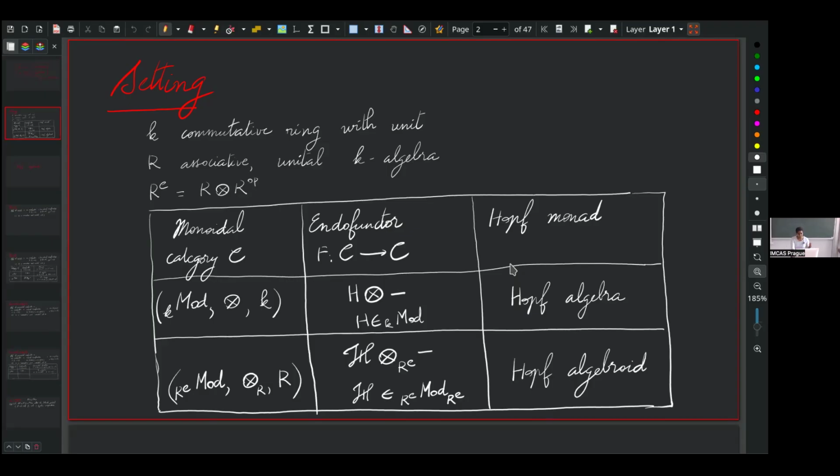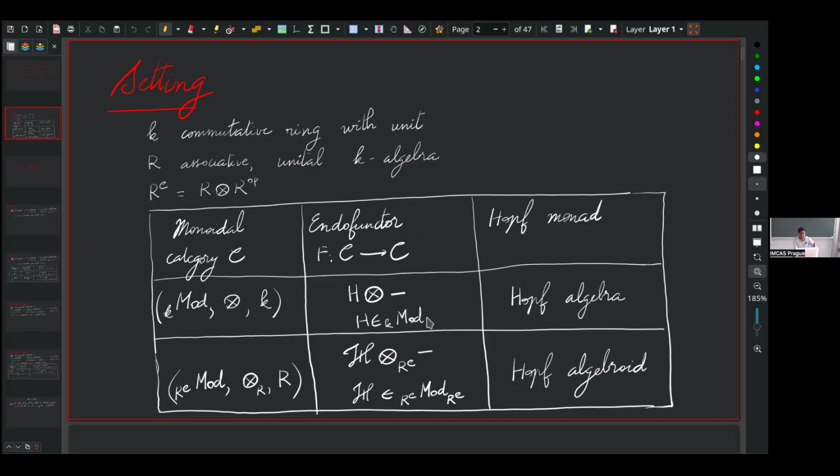Okay, so we work with a monoidal category C, and a Hopf monad is an endofunctor on that category which satisfies certain properties. On the one hand, we have the classical setting where we work with modules over a commutative ring, and we have the algebroid setting where we work over bimodules over a ring R, actually an algebra R, which is not necessarily commutative.